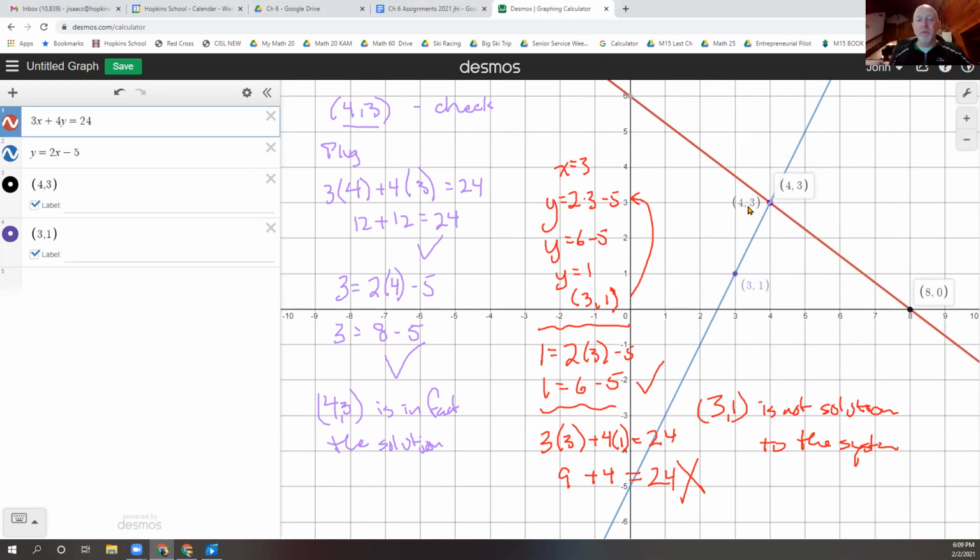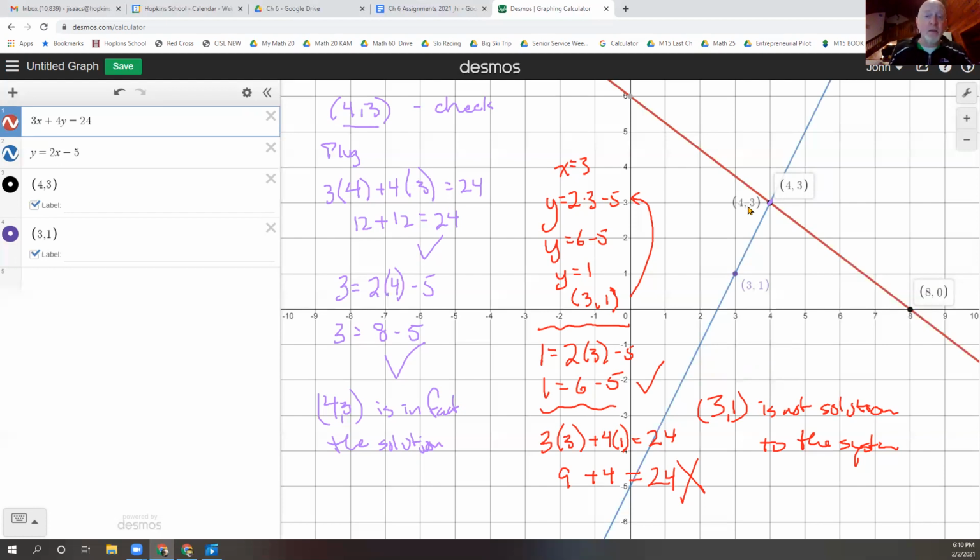All right, to summarize, what I've tried to show here is that checking a solution in both equations confirms that you found the intersection point of two equations. If you can't do that with your solution, you need to go back to your algebraic method and find out where you made a distribution error, a sign error, a substitution error, some math-related error that got you an incorrect answer.